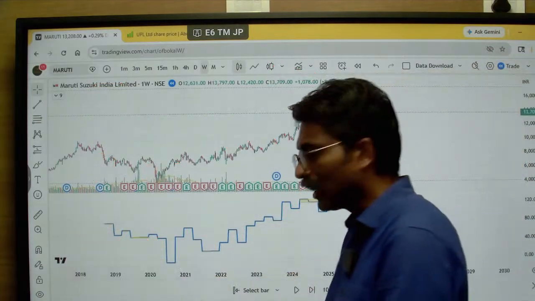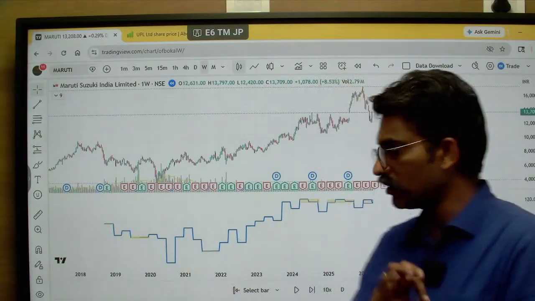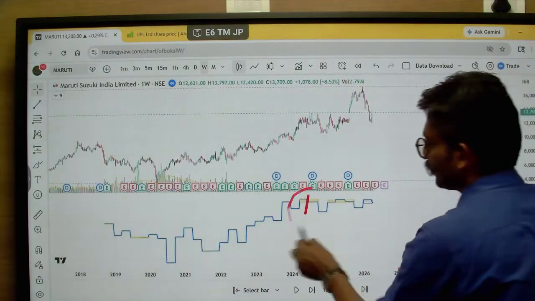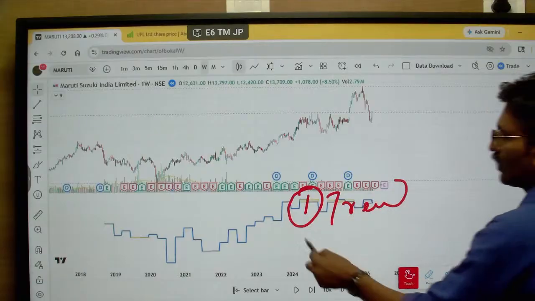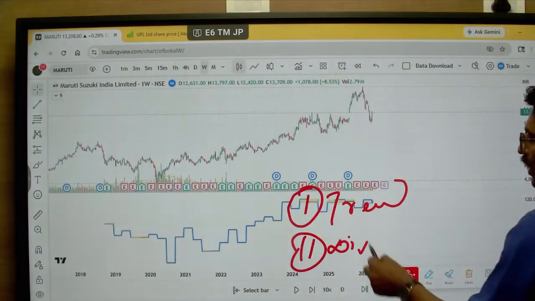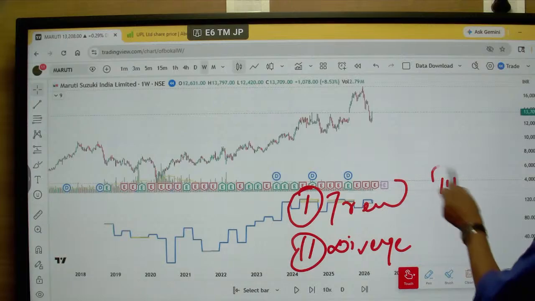So look at EPS not as a number, not as mathematics, but as a trend, as a divergence, as support and resistance.